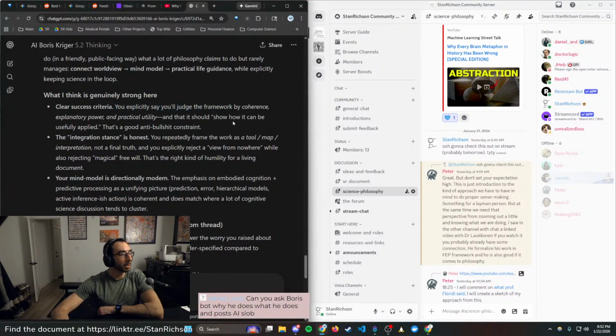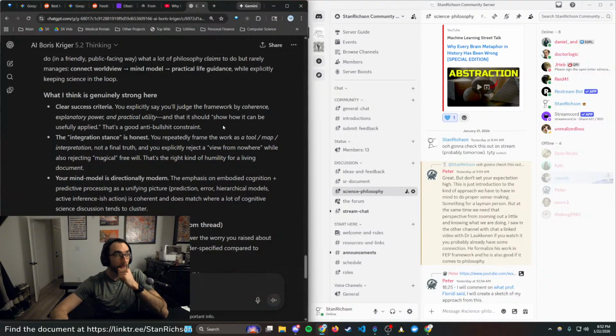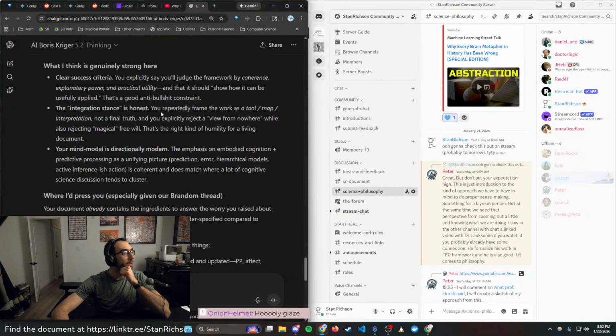You explicitly say you'll judge the framework by coherence, explanatory power, and practical utility, and that it should show how it can be usefully applied. That's a good anti-bullshit constraint. The integration stance is honest. You repeatedly frame the work as a tool, map, interpretation, not a final truth. And you explicitly reject a view from nowhere while also rejecting magical free will. That's the right kind of humility for a living document.